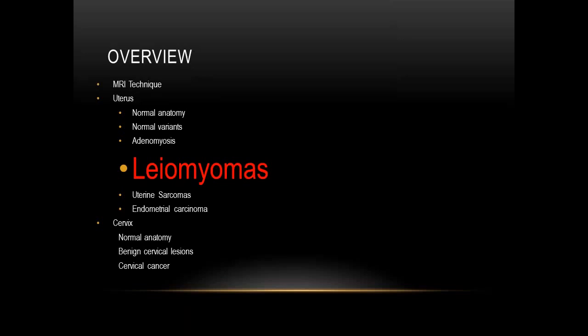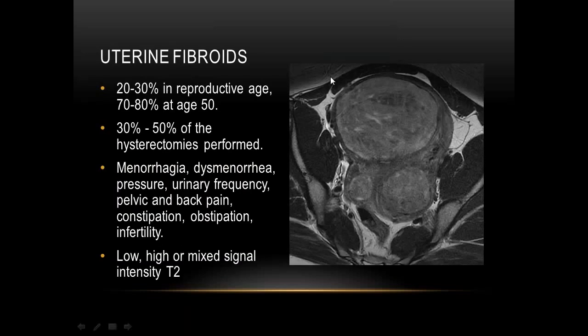The next thing we're going to talk about is leiomyomas. Uterine fibroids. They are present in about 20 to 30% of women in reproductive age, 70 to 80% at age 50. 30 to 50% of hysterectomies performed are for leiomyomas.